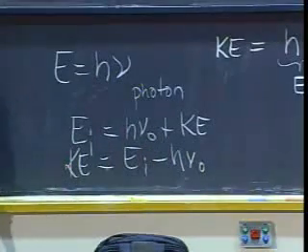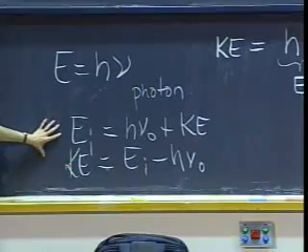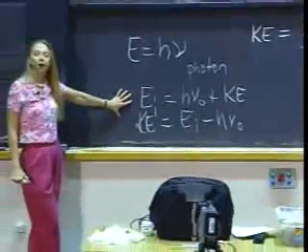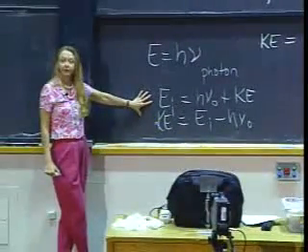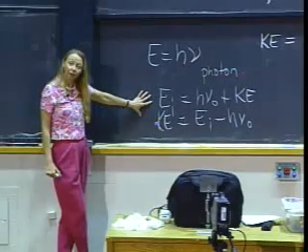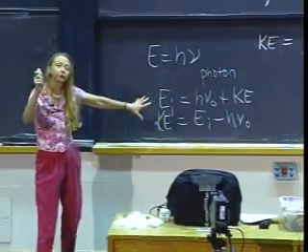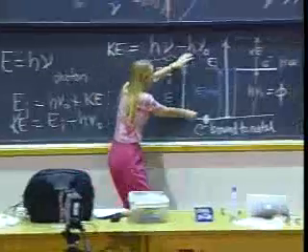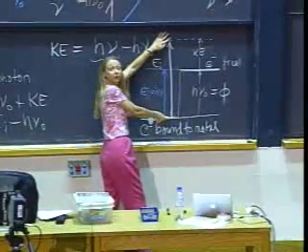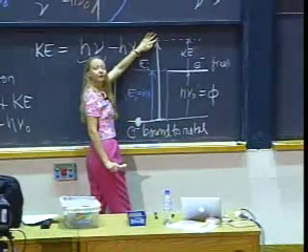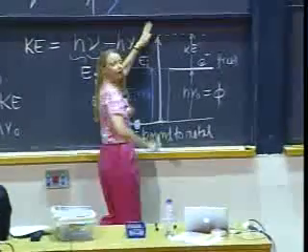This is an important expression. You need to know it. I won't give it to you on an exam, but you don't have to memorize it. You just have to reason, conservation of energy. You can draw this diagram and figure it out.